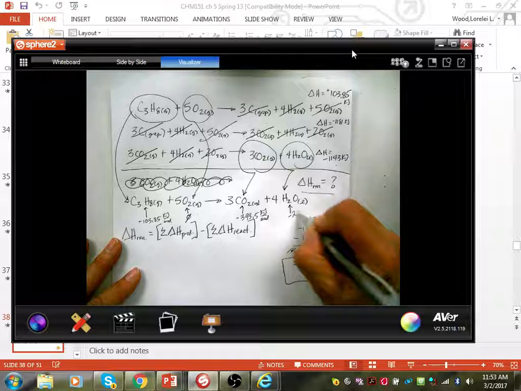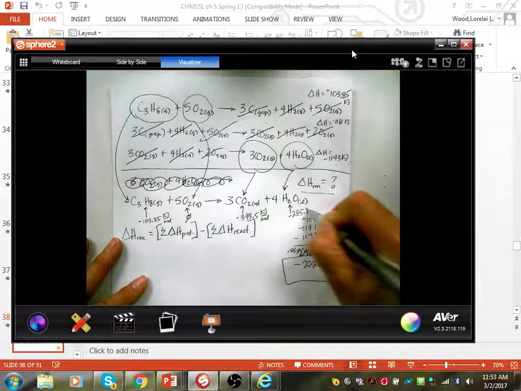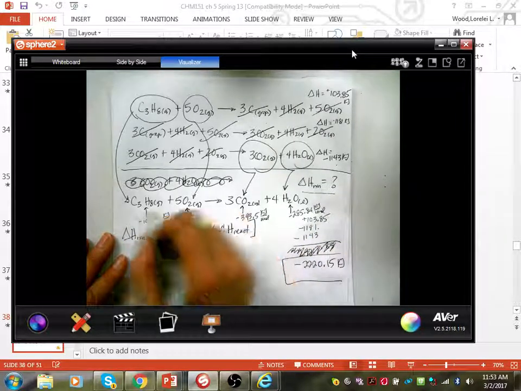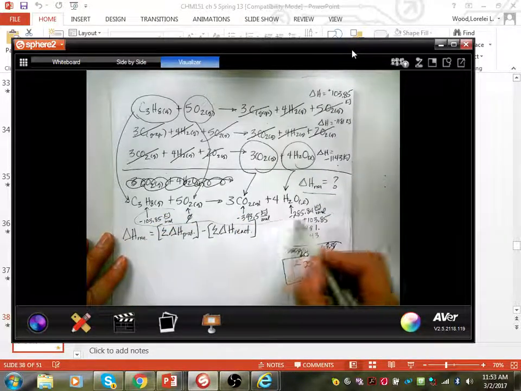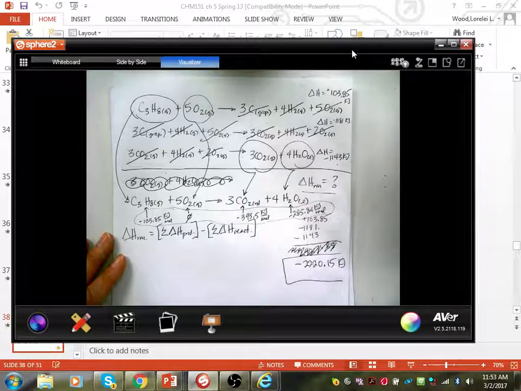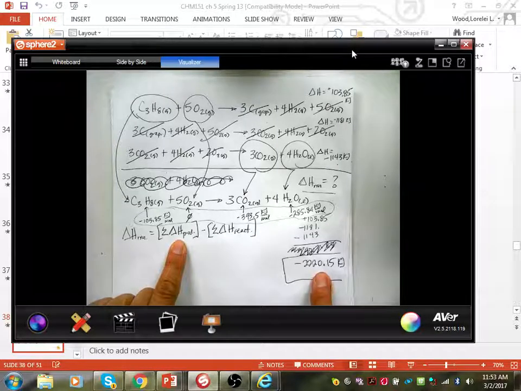Negative 285.84. Thank you. Kilojoules per mole. All right, these are my enthalpy of formation values, and we get those from Appendix C in your textbook. Now let's use Hess's law and make sure that we've done our work correctly.